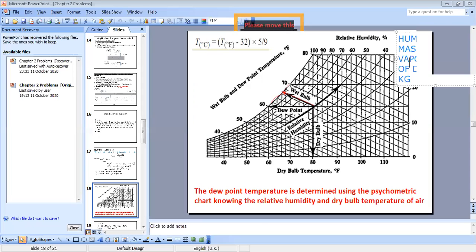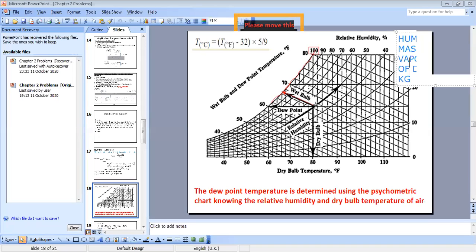You can reach the 100% if you follow this curve. This means that you reach the maximum capacity of your air in sustaining water vapor. It cannot sustain any additional amount of water vapor, and at this stage you will start to have condensation.